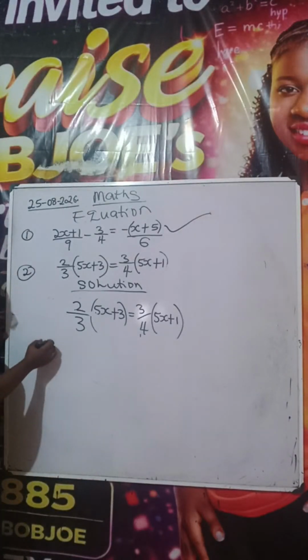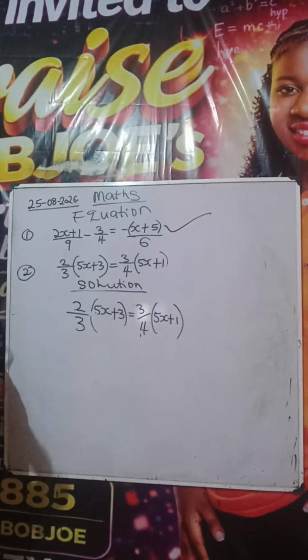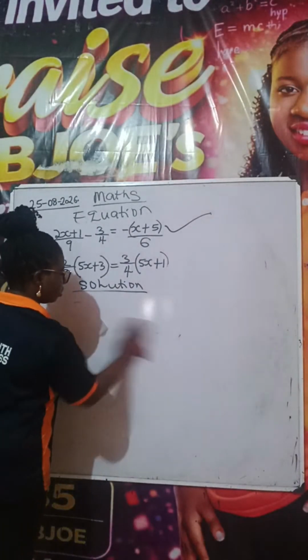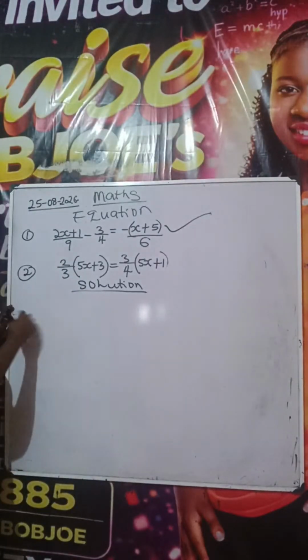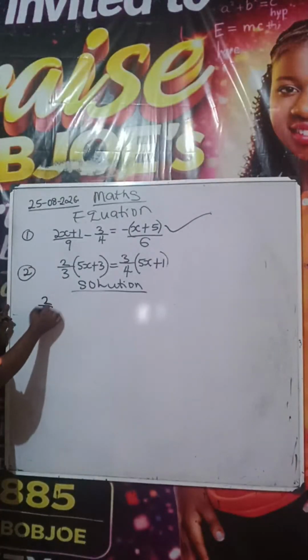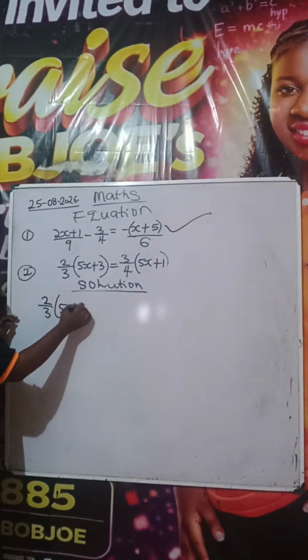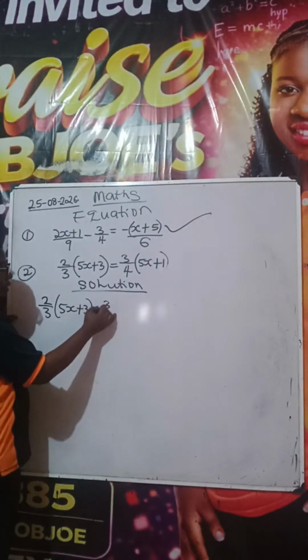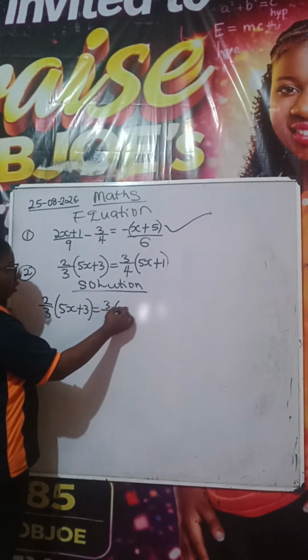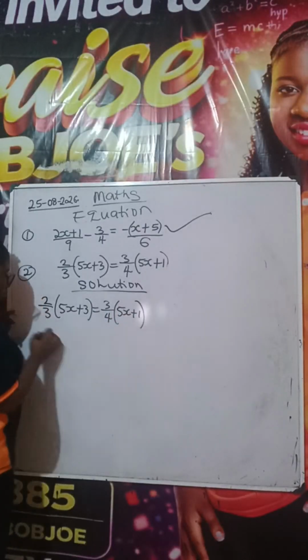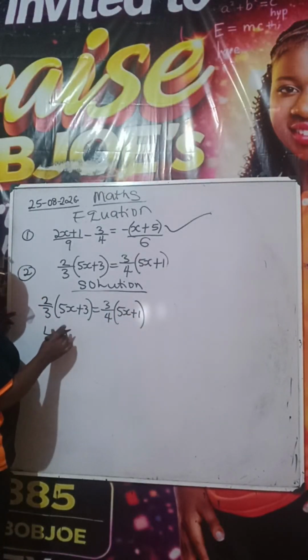I'm supposed to bring this question back home so that we can have enough space to do it. Let me bring it back. Let me start from here. So we have 2 over 3, 5x plus 3, 3 over 4, 5x plus 1. So LCM is what?